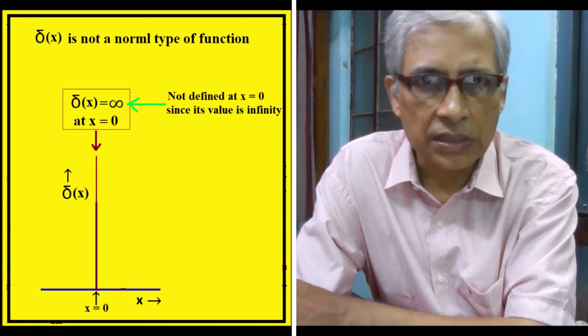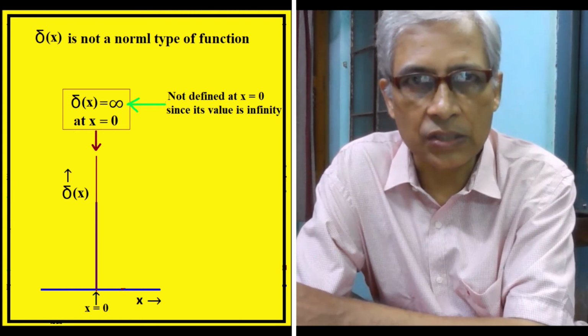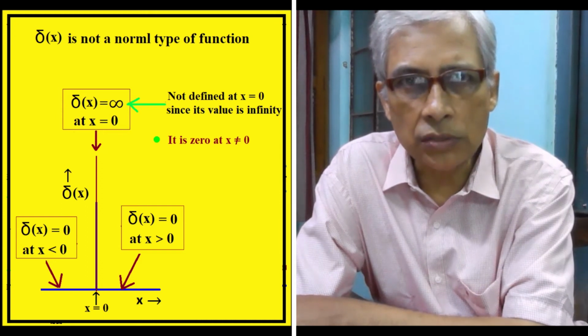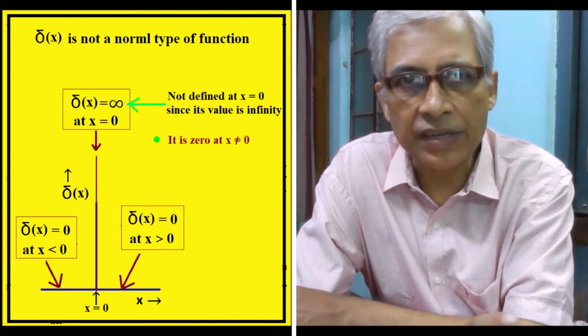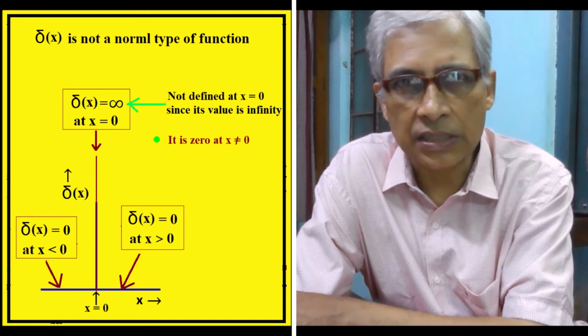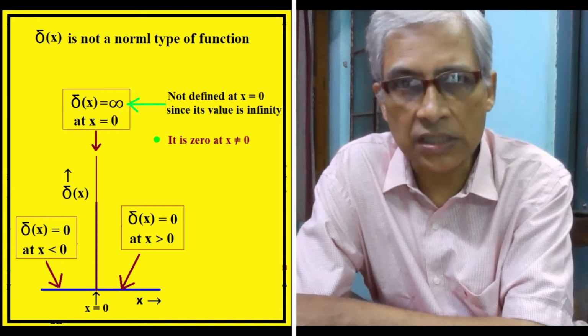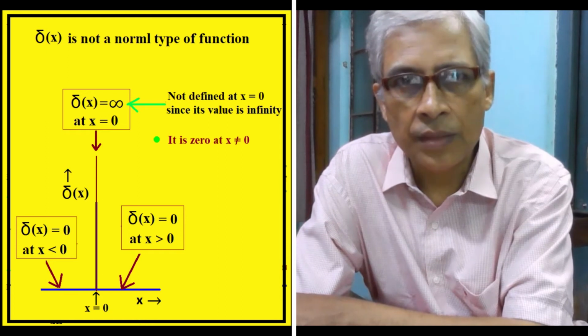In other words, it is undefined at x equal to 0. Again, at x not equal to 0, we do not find it because here it vanishes. Its value is 0. So the question is, how should we deal with such a function?